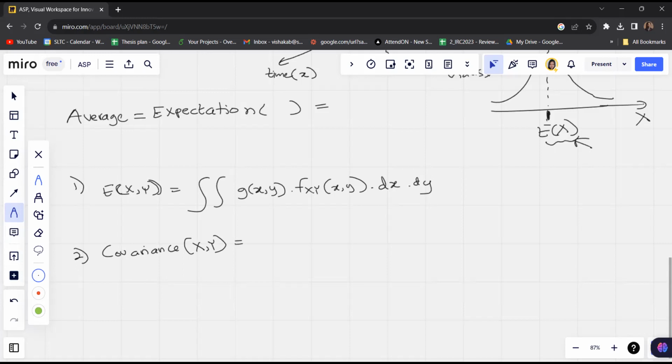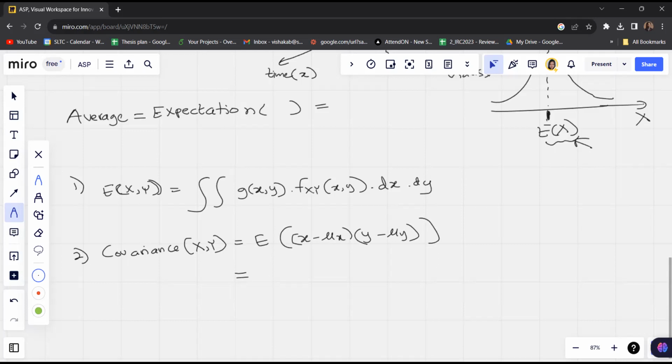For the covariance, we are going to be discussing the variance between the two random variables. It is defined as the expectation of x minus mu x times y minus mu y. This is the definition.